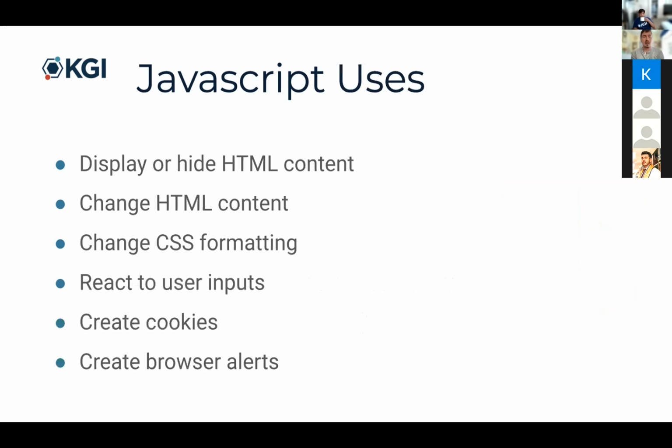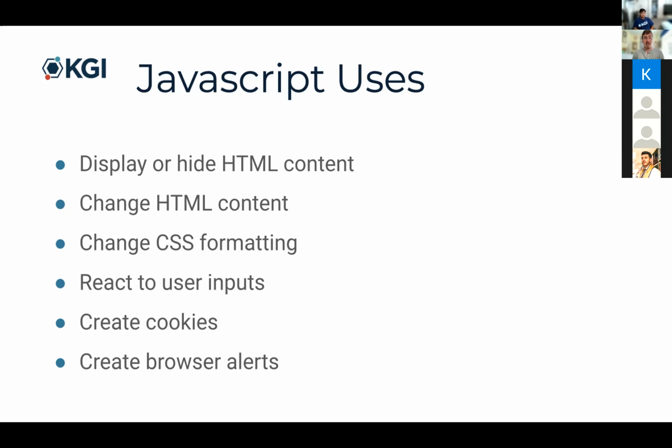Some typical use cases for JavaScript are to display or hide HTML content. We'll get at that in our practical part of the lecture. So you could imagine maybe clicking a button, and then when you click that button, it maybe opens up a map, maybe it shows a video, and anything of that sort.